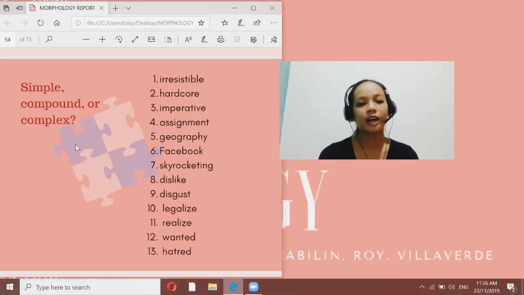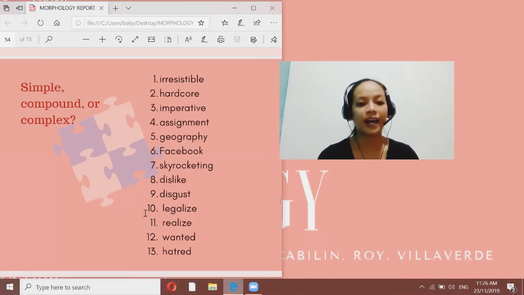Dislike is a complex word also because of the prefix dis and the free morpheme like, which is different from number 9. In the word disgust, this is just a simple word because gust is not a free morpheme here. And this is not just an additional prefix. It's one word that can stand on its own.